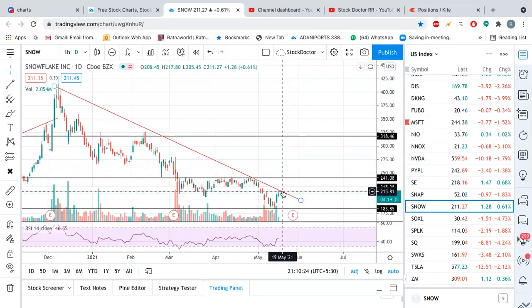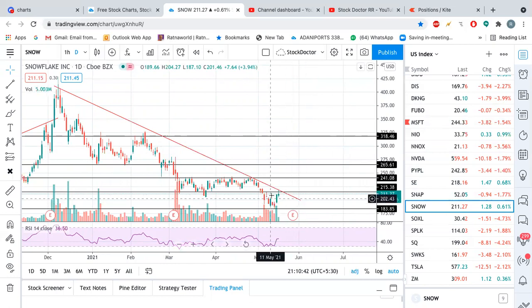If it trades above 215 and closes significantly above that, so it is going to break the trend line resistance, then it can show us the target of 241 and 265.